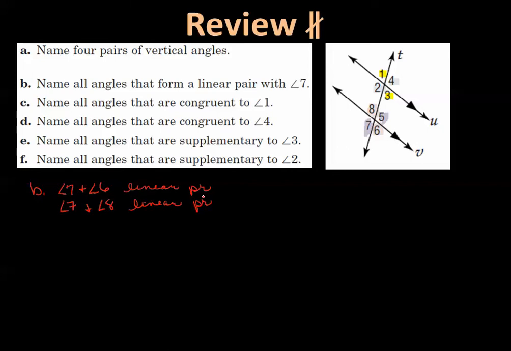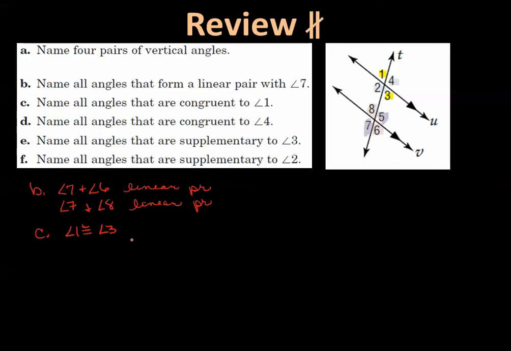And remember, linear pairs add up to 180. They said name all the angles that are congruent with angle 1. That's part C. Vertical angles are always congruent, so angle 1 is going to be congruent to angle 3.